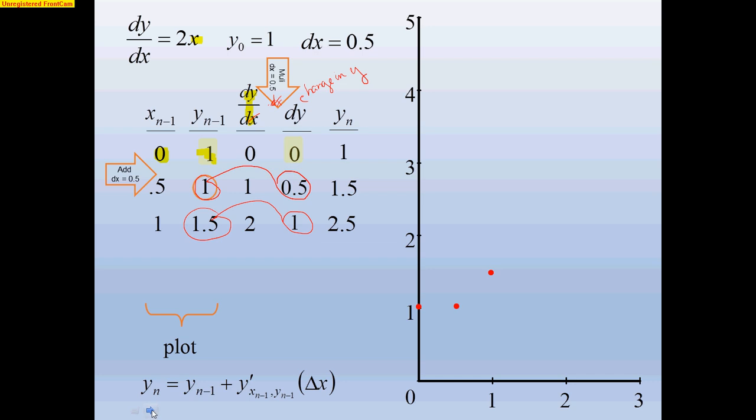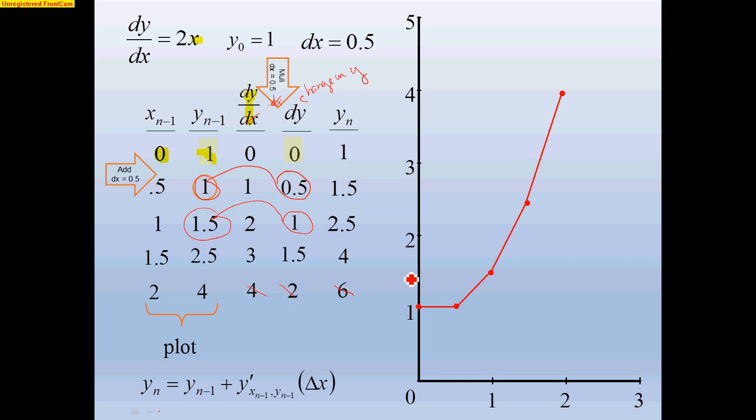Your new y goes with your new x, which is 1.5. Plot. Now in reality, somebody will tell you where to stop. I stopped with 2, 4, so I really didn't even need to do this. Right, I didn't need those numbers.